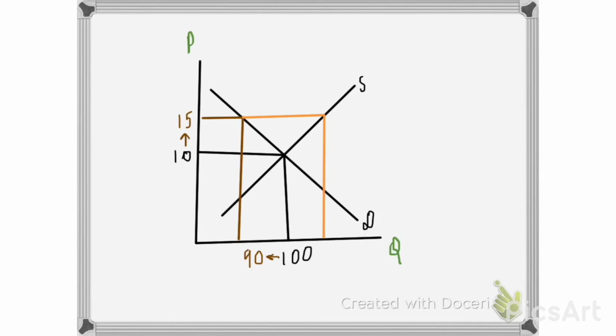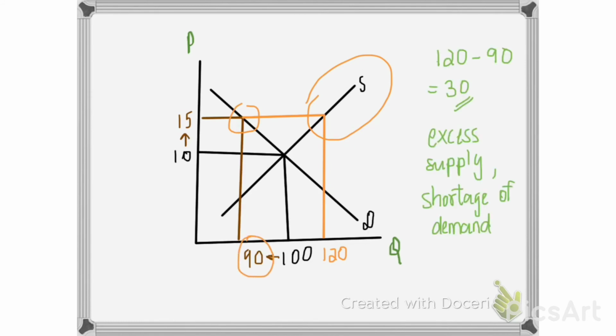Let's take this as 120. So there's an excess supply because it's on the supply curve and the demand is very less, which is at 90. When you subtract 90 from 120, you get 30. That means 30 is the excess supply and there's a shortage of demand.